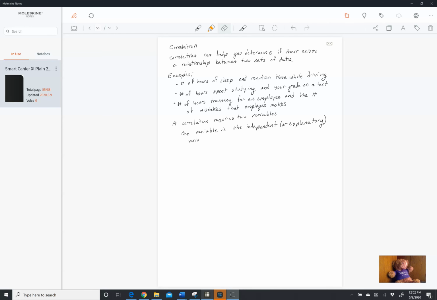And this would be our x variable. The other variable we call the dependent variable, or response variable. And this is our y.